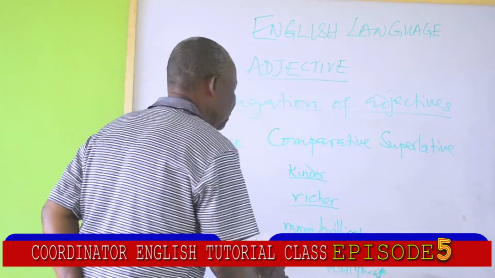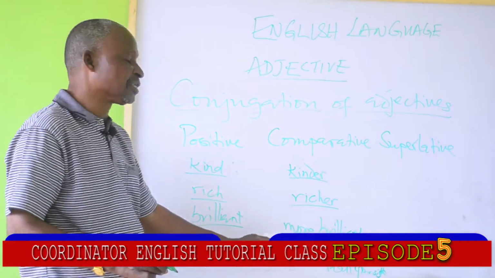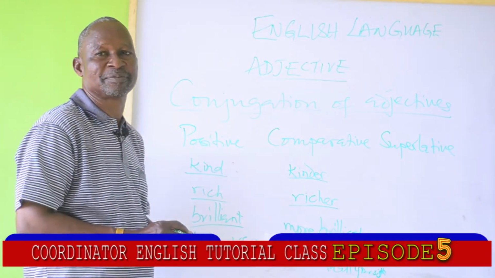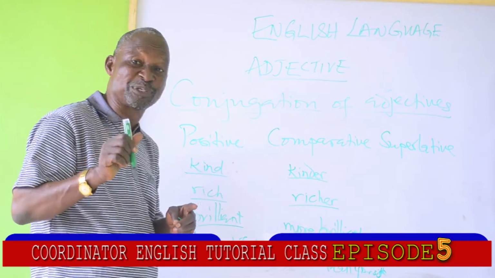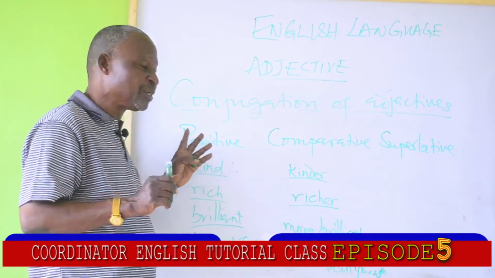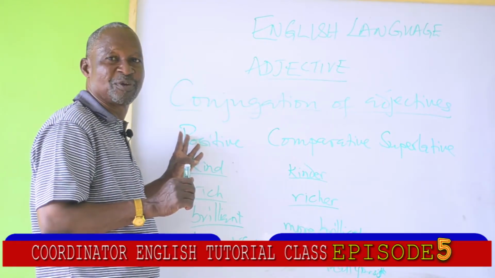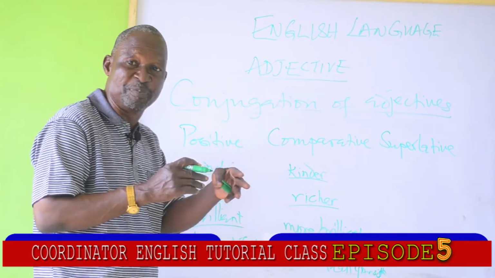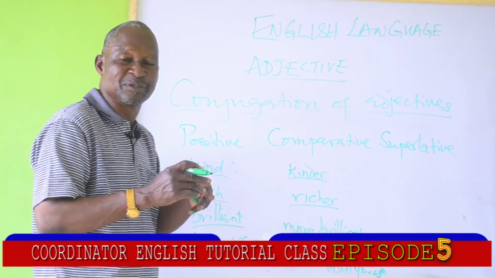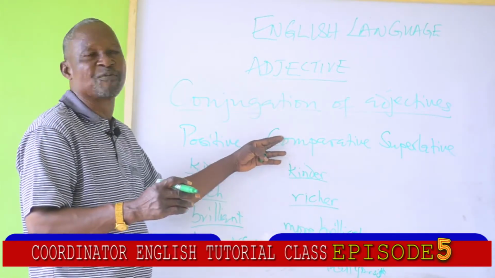More beautiful. In other words, what I'm saying is that in a situation where you speak of one person, you use the positive. When it comes to two people and a comparison is to be made, you go for the comparative.